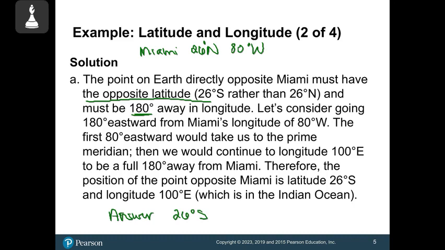So if I'm at the prime meridian, and I'm over here at 80 degrees west, if I go 80 degrees this way, it's going to get me here. And then I need to travel another 100 degrees. I'm going to end up on the east side for a total of 180 degrees. So then the longitude is going to be 100 degrees east. And if you looked, that point would be in the Indian Ocean.